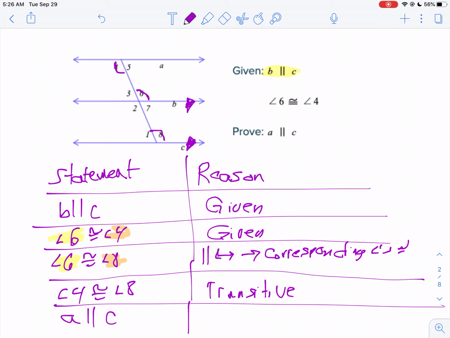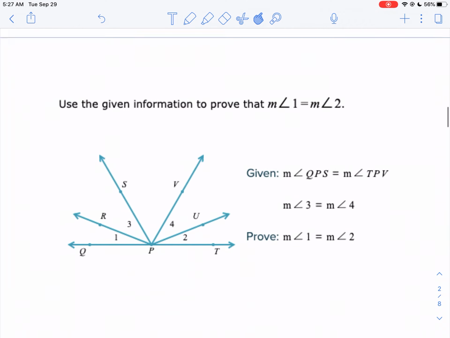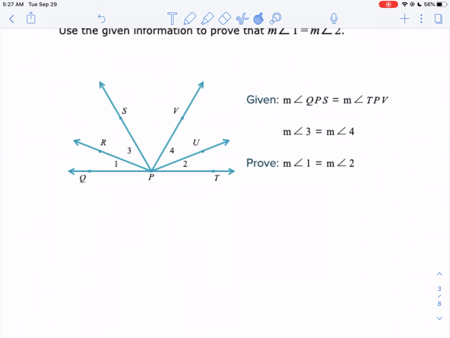I'm going to say, if we have alternate interior angles congruent, that implies that the lines are parallel. So that was a pull-down menu on that one, but that's the one you want to pick, just the opposite. Okay, let's take a look at this one.